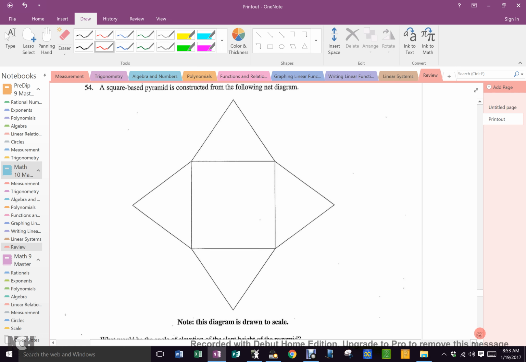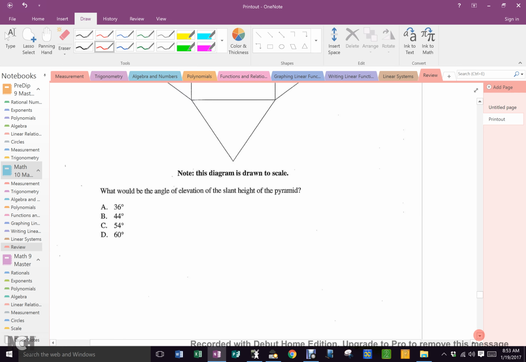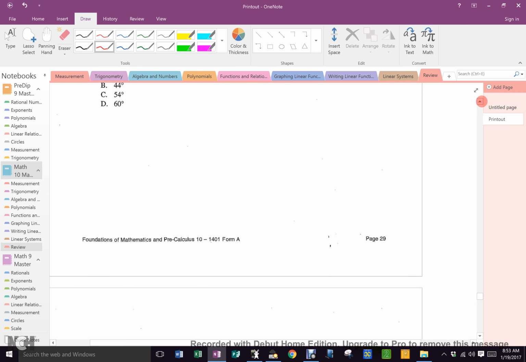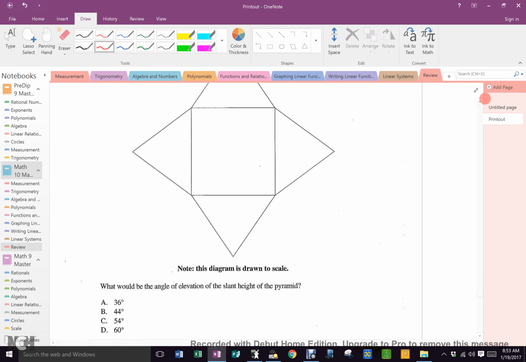We can do exponents. I love exponents. Oh, that's a deadly question. The angle of elevation of the slant height of that pyramid. And it's drawn to scale. You'd have to measure it. Find this distance by doing Pythagoras with these two scaled distances.